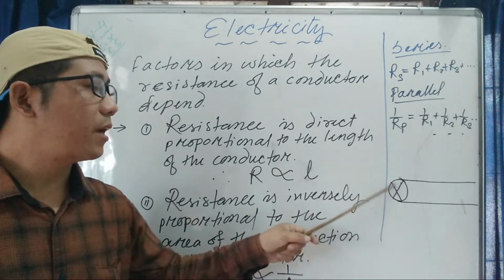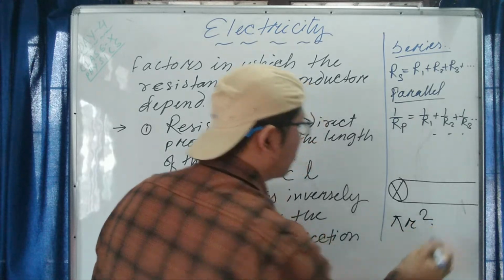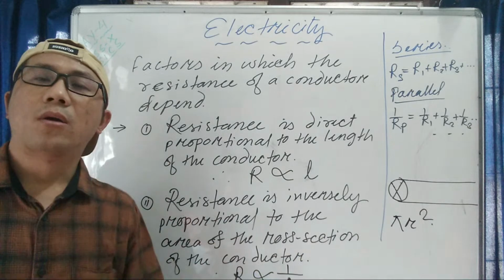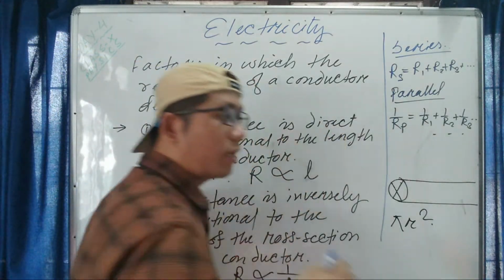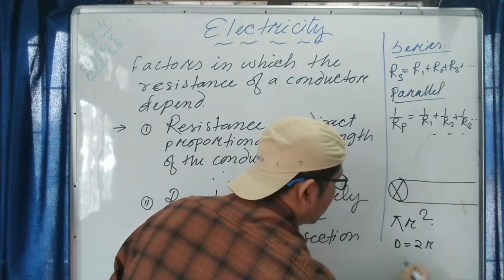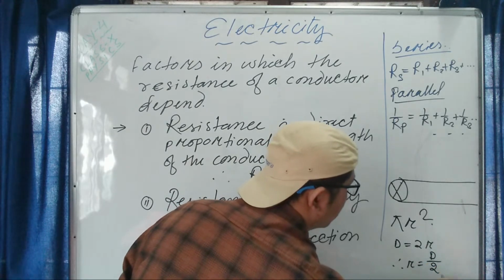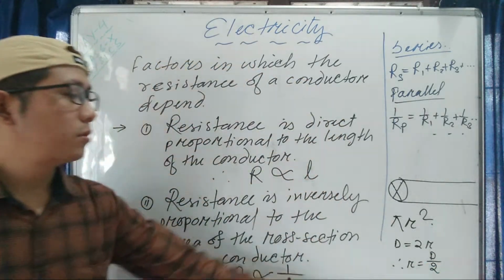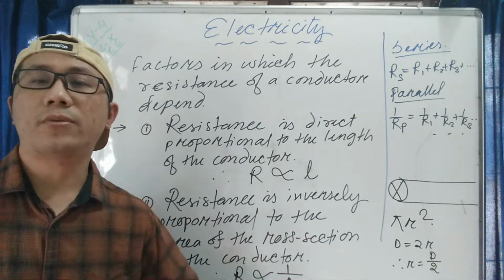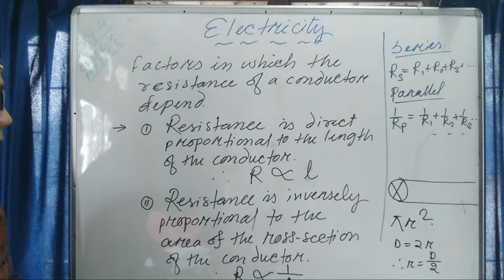We know the area of the circle is pi r square, where r is the radius. If the diameter is given, the diameter is equal to twice the radius, therefore r is equal to D by 2. So keep these equations in mind.